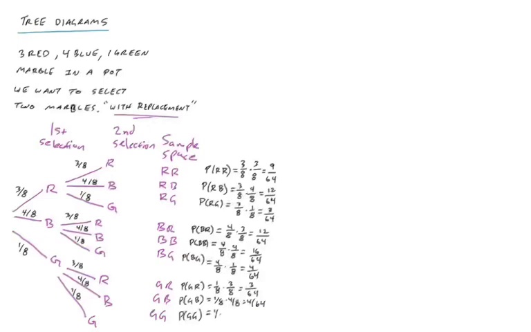Okay, so let's look at the trickier case. What if we wanted to make a tree diagram but without replacement? So this means once I select the marble, it's going to be gone. I'm no longer going to end up having it there. Okay.